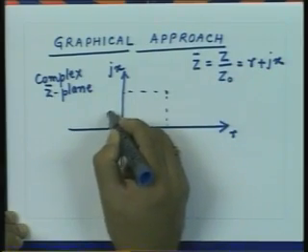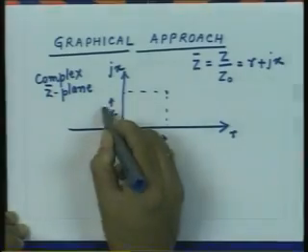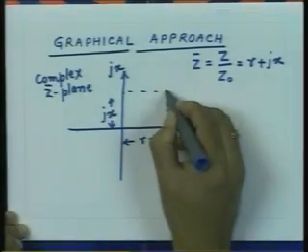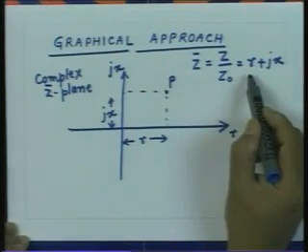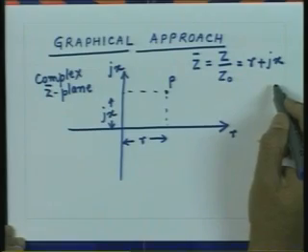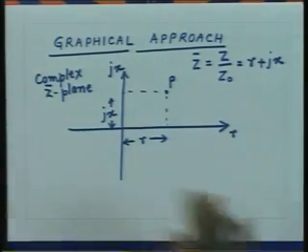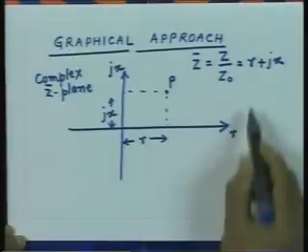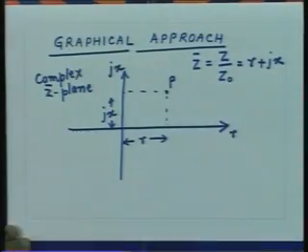This value is r, and this value is jx. So, this point P represents an impedance having a normalized resistive value r and a normalized reactance value x. So, if I consider all possible passive loads for which the resistive part is always positive, then any point in the right half plane of this complex z plane represents all possible loads.